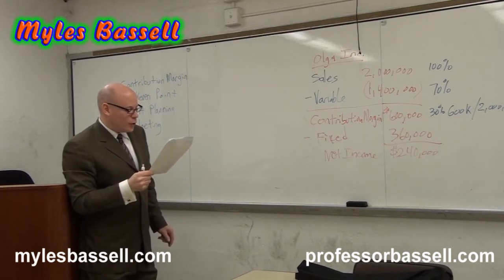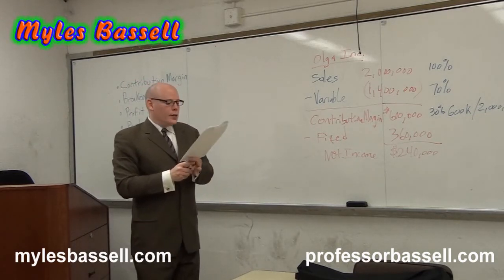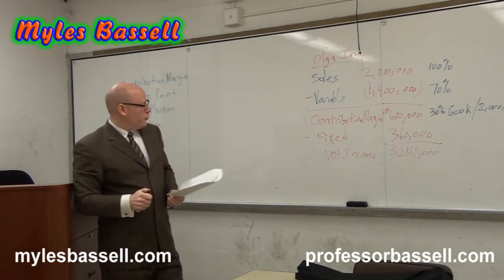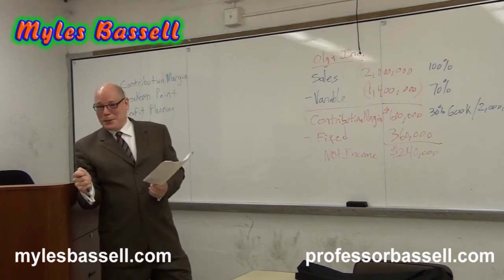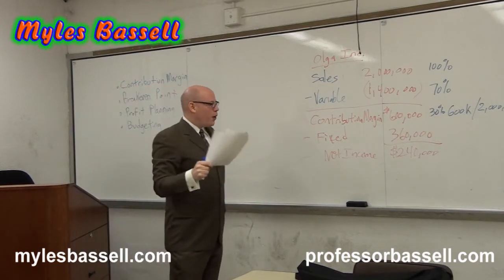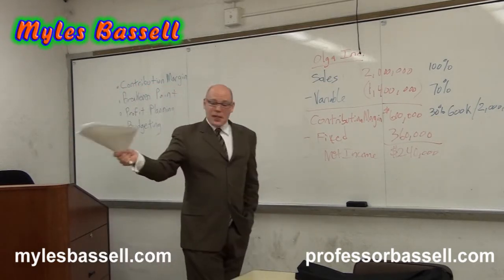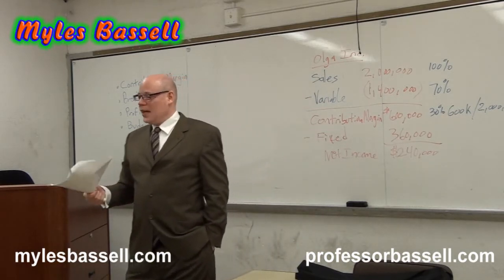All right, now the next question. Think back to last class. I told you we were going to talk a lot about what if. What if, having done this analysis, we say 240,000 is not enough?